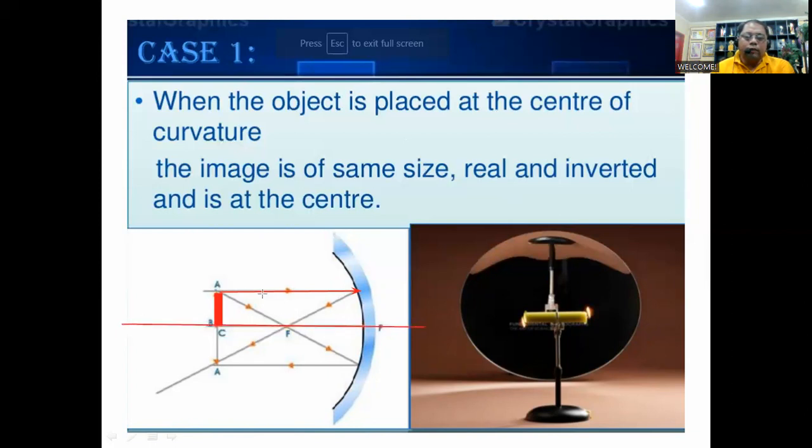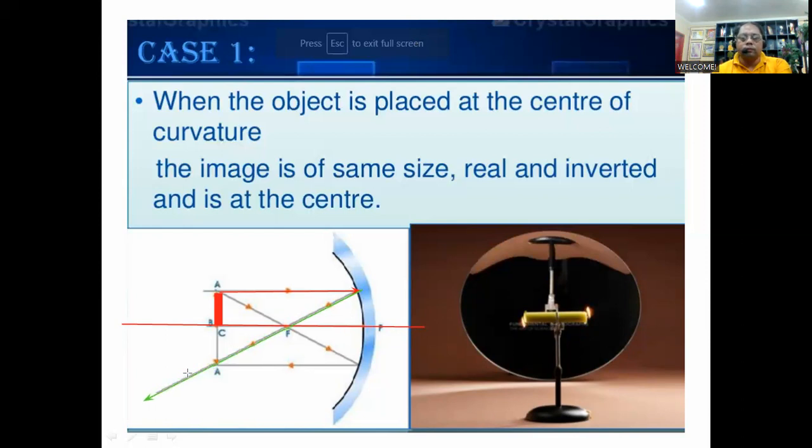Now, if the light is parallel to the principal axis, that light will reflect and go to this location. So it will reflect passing the focus. So this green colored ray is your reflection.